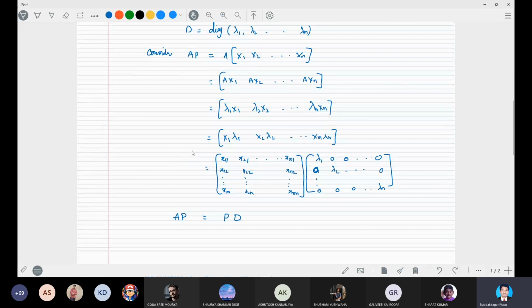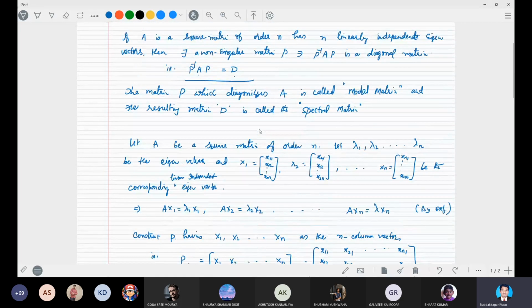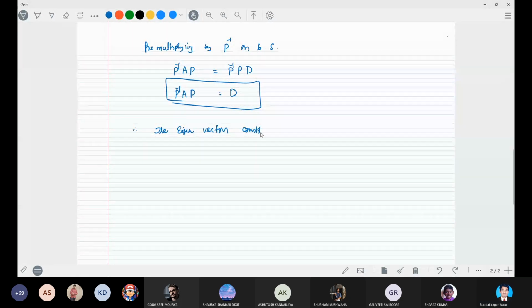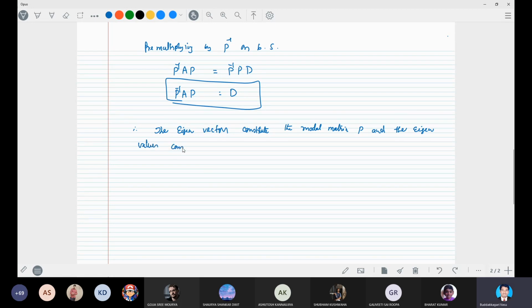So we will write it here: the eigenvectors constitute the modal matrix P, and the eigenvalues constitute what matrix?